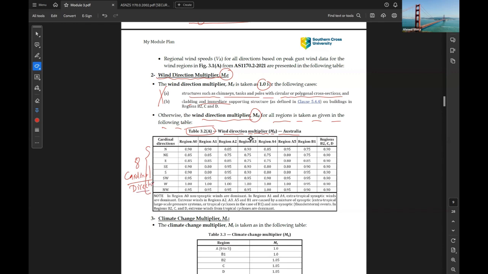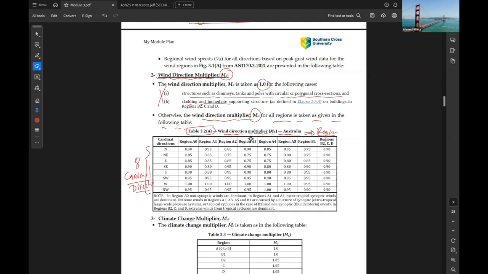So what information is needed to use this table to find the parameters? We need to know the wind region, for example B1 or A1 and so on.